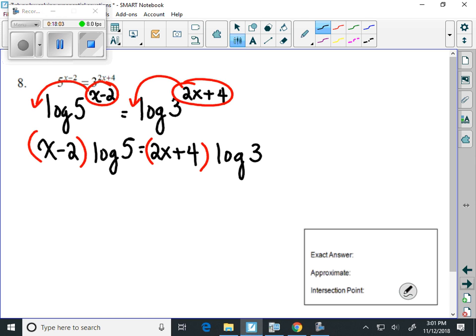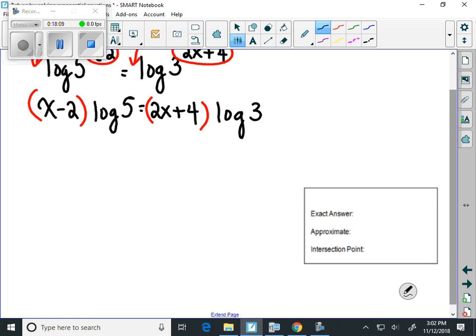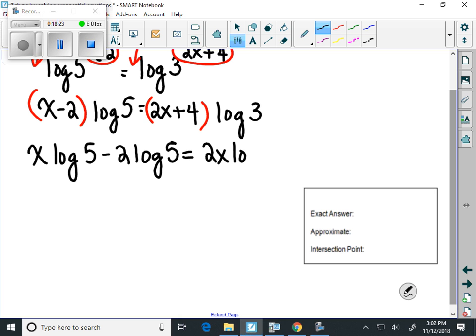And we want to distribute the log of 5 over there on the left side of the equation. We want to distribute the log of 3 on the right side of the equation. So we end up with x log 5 minus 2 log 5 equals 2x log 3 plus 4 log 3.